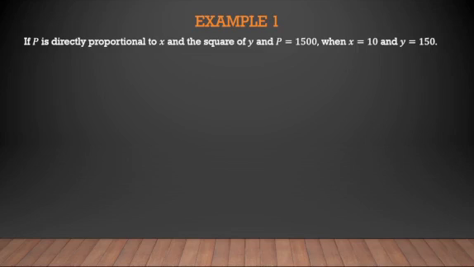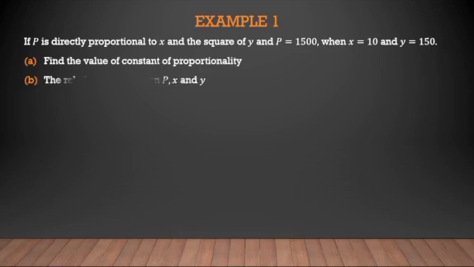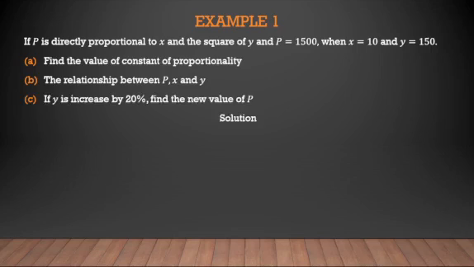A, find the value of the constant of proportionality, that is, find the value of K. So remember our K. Then B, find the relationship between P, X and Y. You will not forget the relationship, because variation is actually talking about relationship. And C, if Y is increased by 20%, find the new value of P. We will take this one by one in our solution.